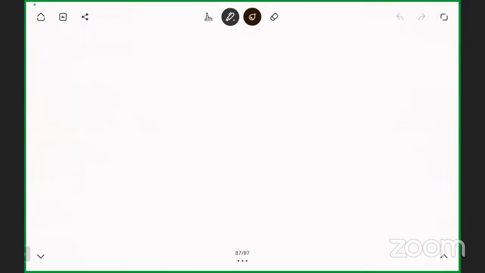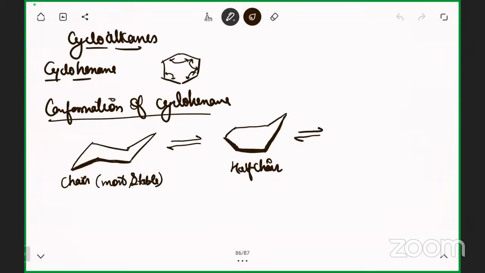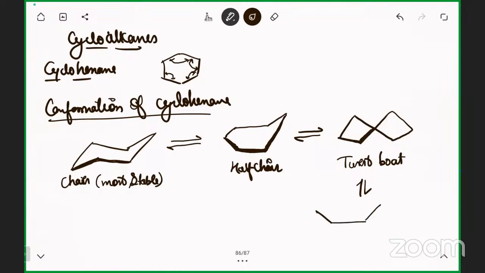Okay. Third conformation is twist boat. Twist boat. It means the boat is twisted, sort of. This is known as twist boat. And then the last one is the boat structure.